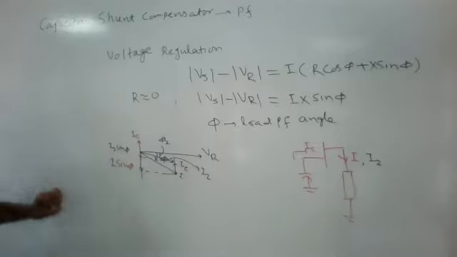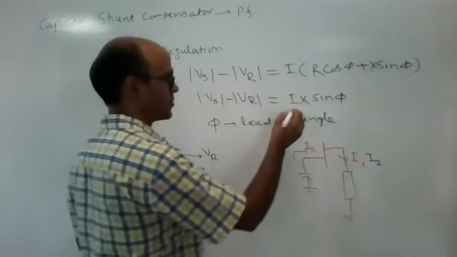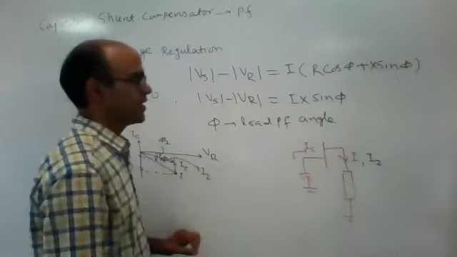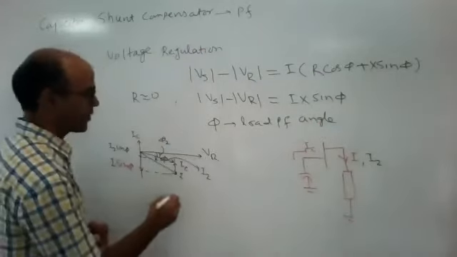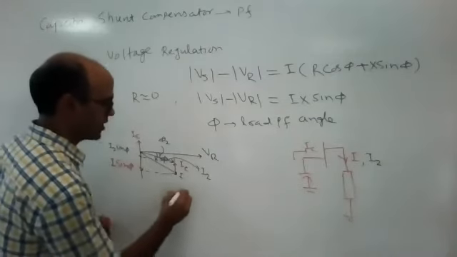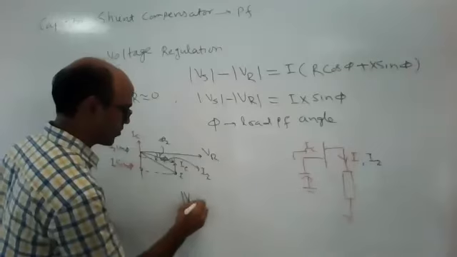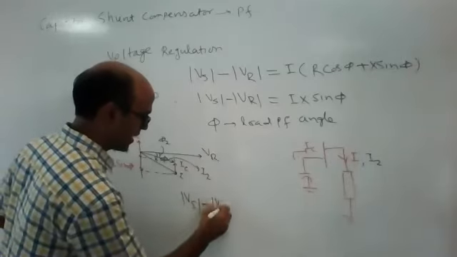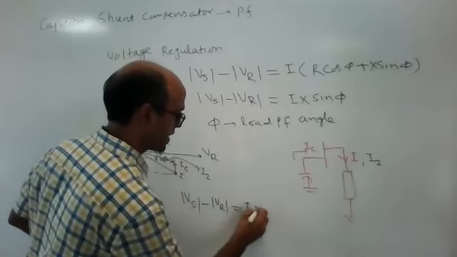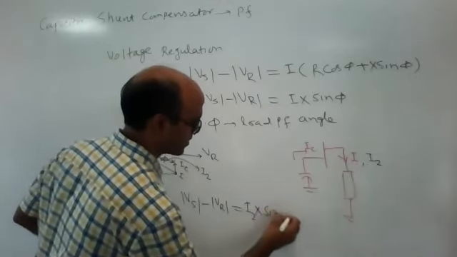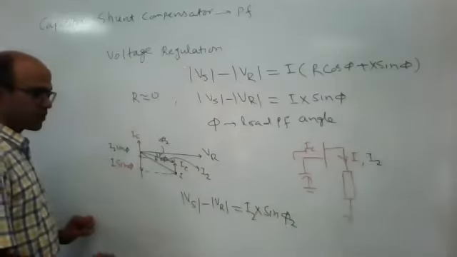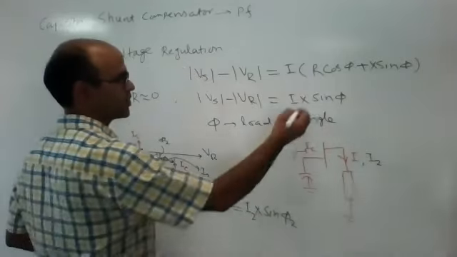That means the voltage deviation reduces after connection of the shunt capacitor. Okay. So BS minus BR comes to be I2 X sin phi2. So this is going to reduce as compared to this one.